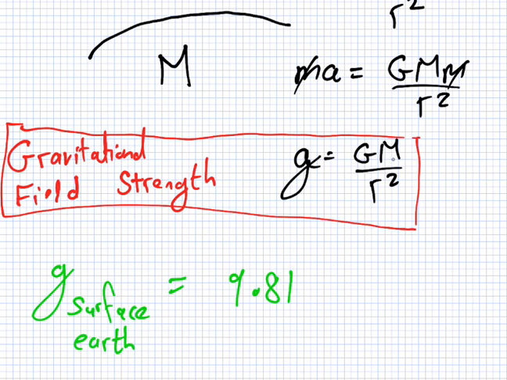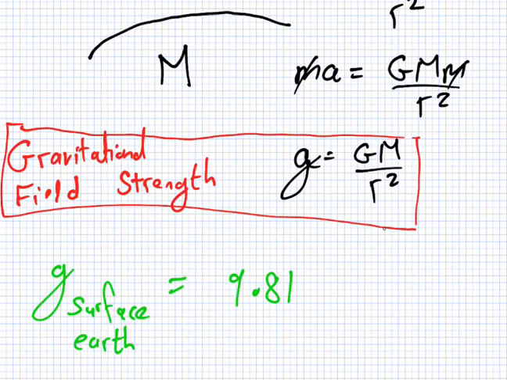We have to change it into kilograms. I can't remember what the unit is, I'll have to work it out. They don't use meters per second squared, they use the one with newtons, kilograms, and so on in it.